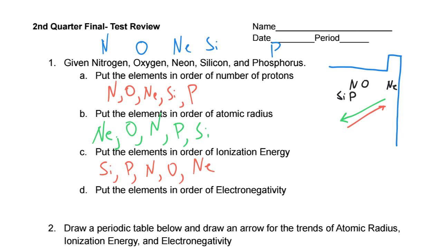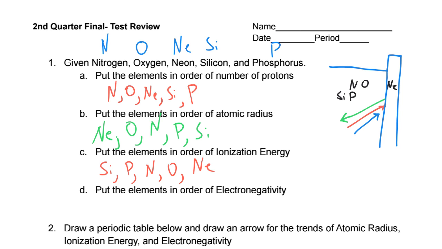And now for electronegativity. Electronegativity is a little bit different, but it follows the same trend, but noble gases have very low electronegativity. Electronegativity is a kind of different way of looking at the electrons. It's not necessarily how hard it is to remove an electron, it's how much the atom wants to add more electrons.